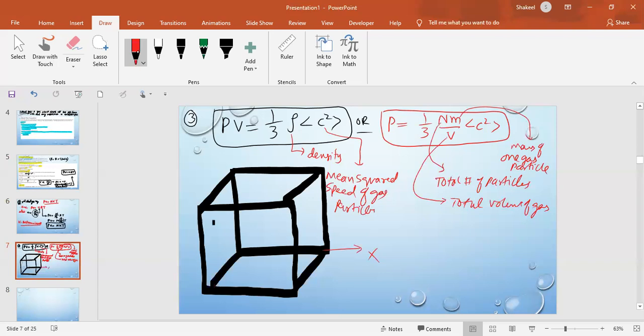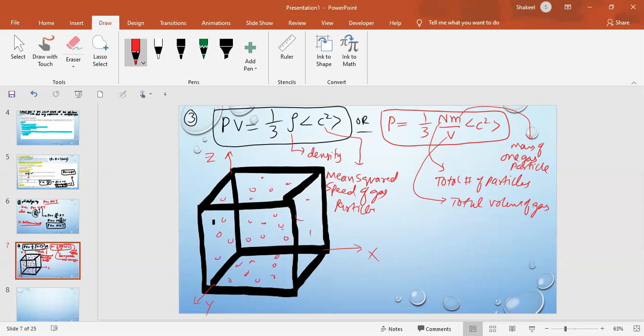This is the x-axis, this is the y-axis, and this is the z-axis. Let's say there are too many gas particles which are moving randomly in this container. These are gas particles. We have to consider any one of them. Let me consider this gas particle, and let's say it is moving this way with a speed cx.